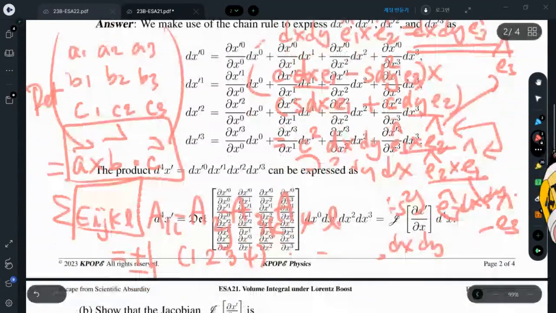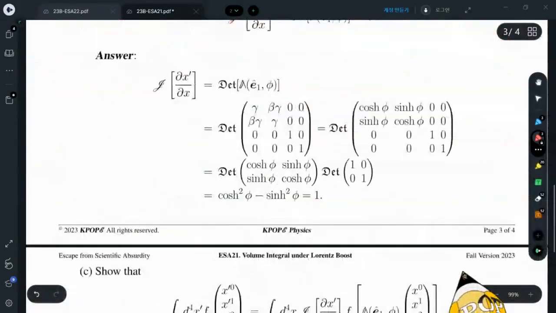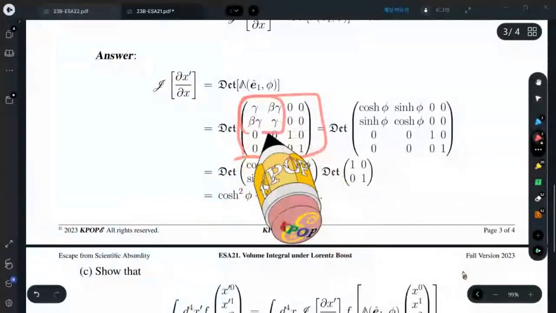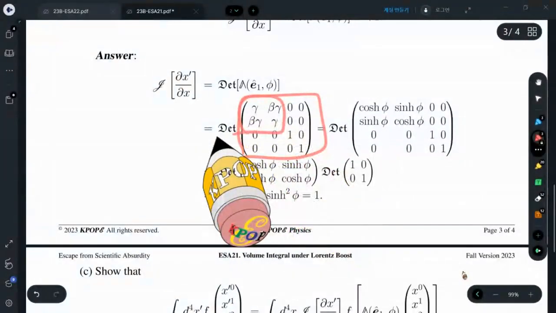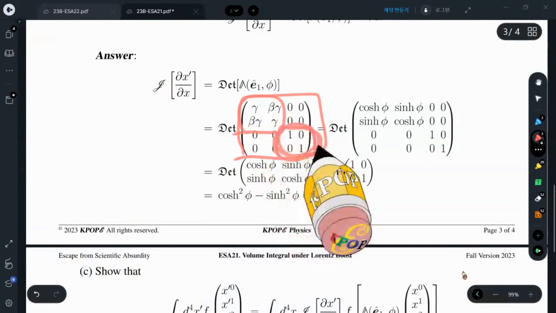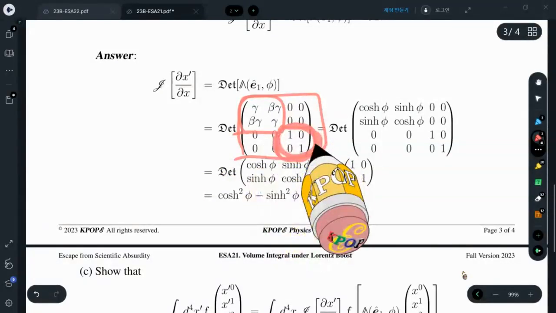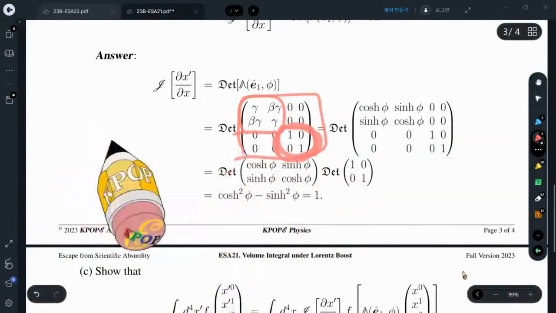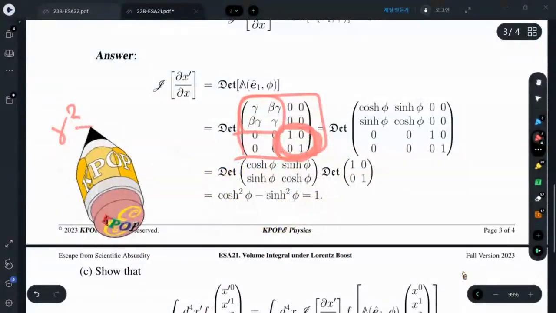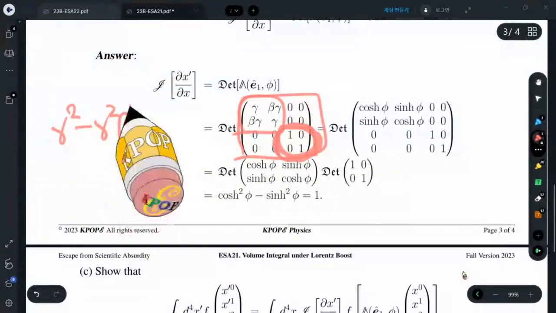By the way, our problem is quite simple because this determinant is nothing but the determinant of the 2 by 2 matrix, because this one does not contribute at all. It is identity operation. The determinant of this 2 by 2 matrix is a cross one: gamma squared minus gamma squared beta squared.